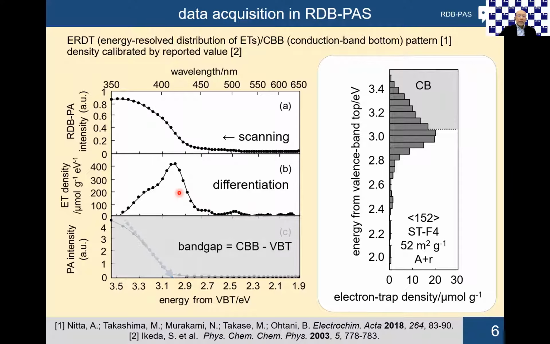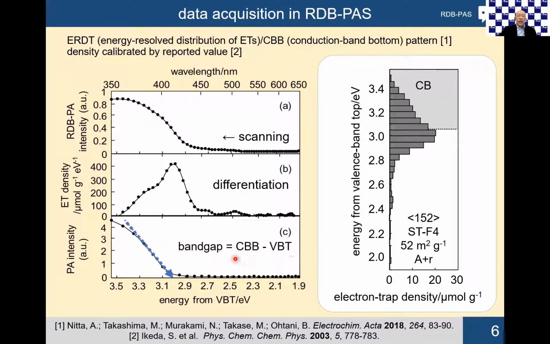And using the same apparatus, we can observe the photoabsorption, something like a diffuse reflectance spectrum. The band gap is calculated from the absorption edge wavelength, and the band gap is the difference between the conduction band bottom minimum and the valence band top.